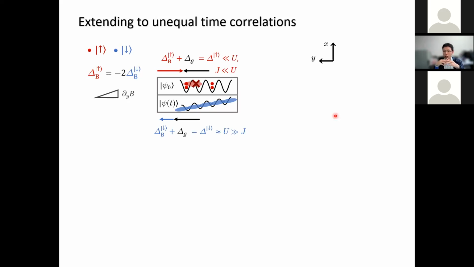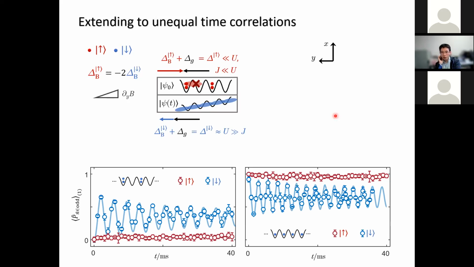So now if we apply a magnetic field gradient in our system, then what we can see is basically one of the chains will see this very small linear tilt, while the other will have this resonance condition. So one can evolve with scar dynamics while the other is effectively frozen.